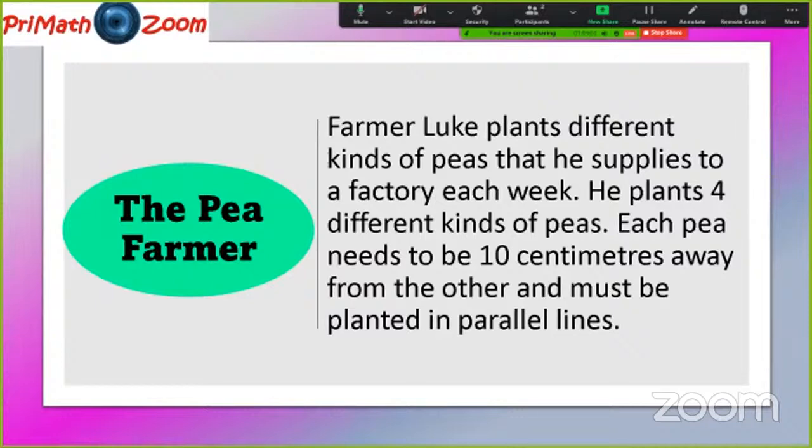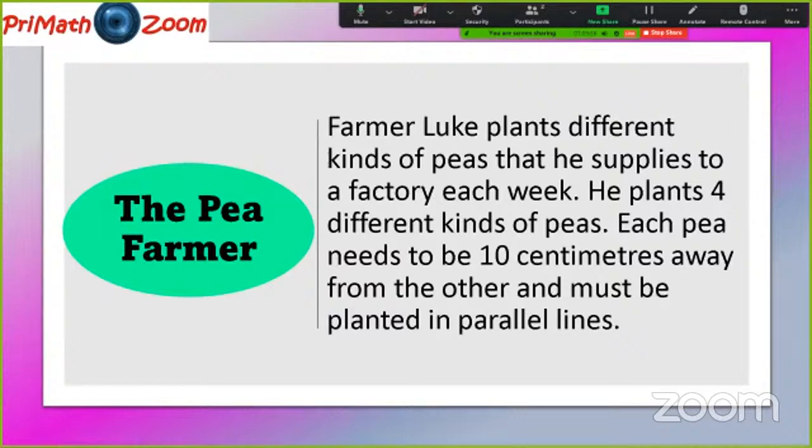So before I go any further, I want to remind other persons as well as inform our new grade 3 students who are going into grade 4 that a performance task is like a math story. It's like a little story. It's definitely something that we do in everyday life. It has real world context. So Farmer Luke planting peas is something that happens in real life. So that is what a performance task is about. Real life problems. And it's like a little story because it moves from one point to the next.